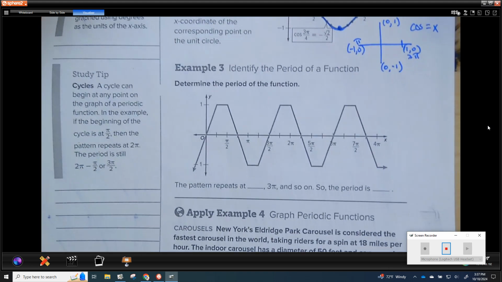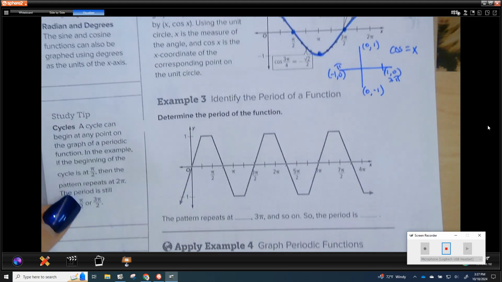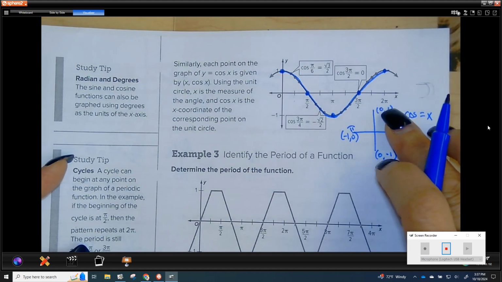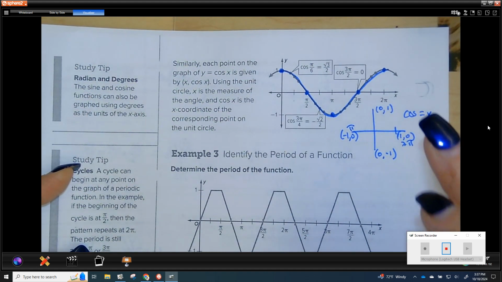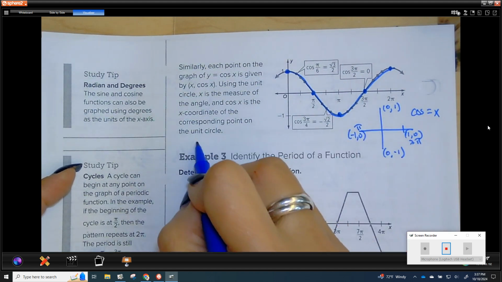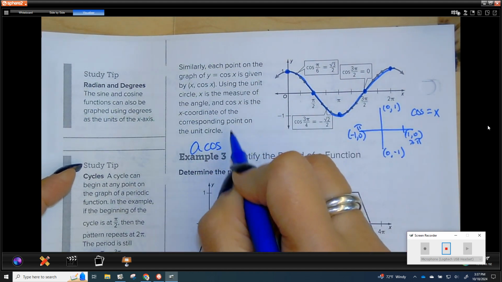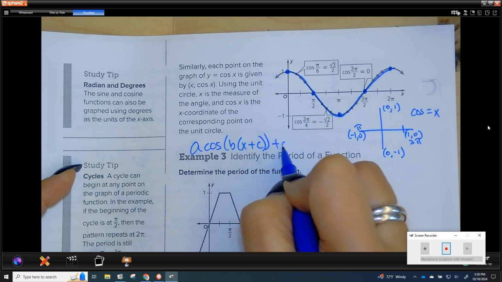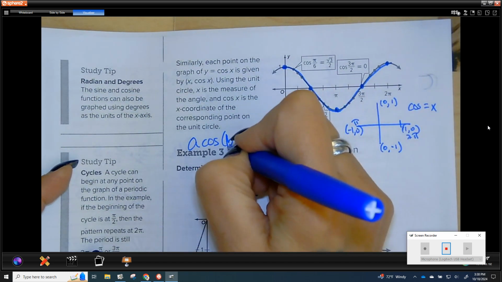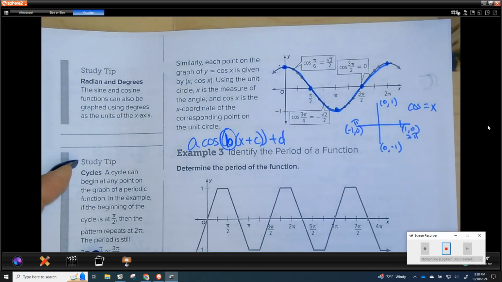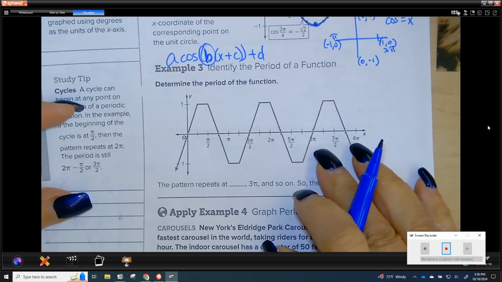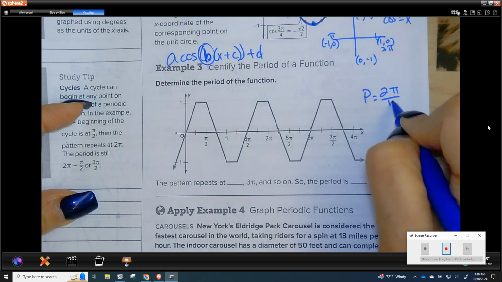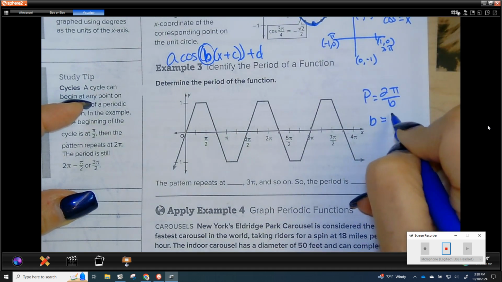So let's look at the period of a function. So the period is how long does it complete one cycle, which is different than B because we've been doing this A cosine. I'm going to do just cosine, but BX plus C plus D. So this B, lowercase b, is different than period. Period equals 2 pi over b, and b equals 2 pi over period.